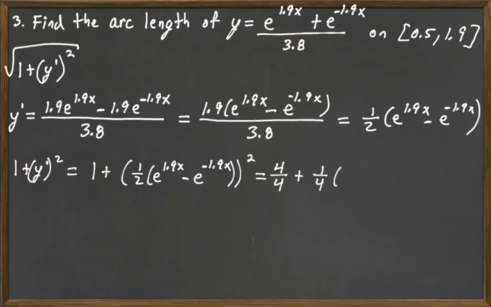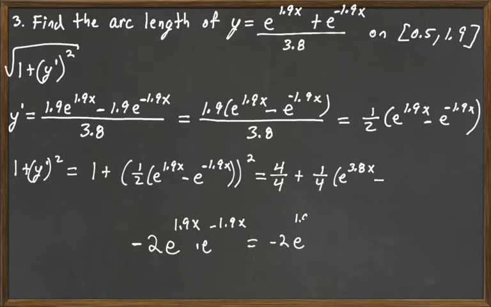And then we're going to FOIL e to the 1.9x minus e to the negative 1.9x. We're going to square that. So e to the 1.9x times itself is e to the 3.8x. Remember, you add the exponents. Then you're going to have negative 2 e to the 1.9x times e to the negative 1.9x.